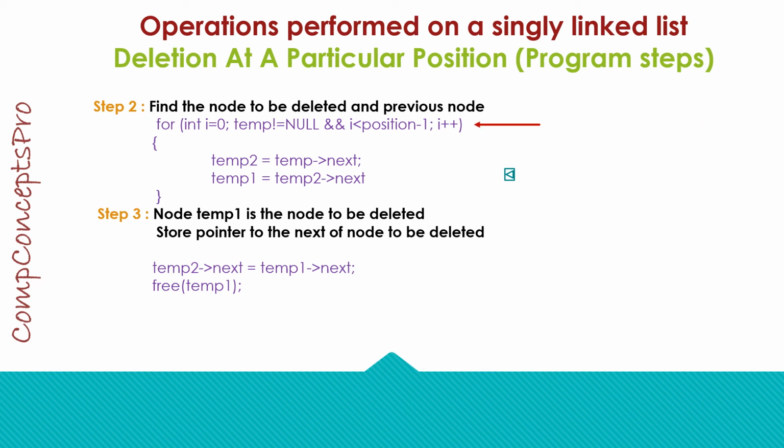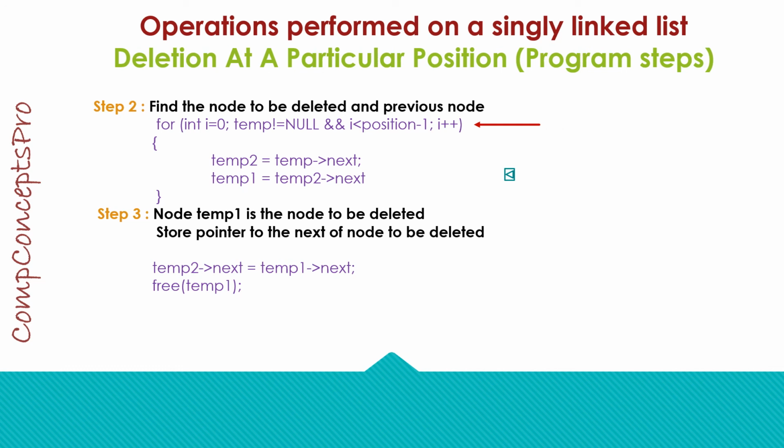This for loop will stop once the position at which we have to delete the node has reached. Then inside this for loop, we'll keep moving the next pointers of temp, temp1 and temp2 in such a way that temp1 will be the node which we have to delete and temp2 will be the previous node to it. You can rewind this video a few moments back to have a look at that image again.